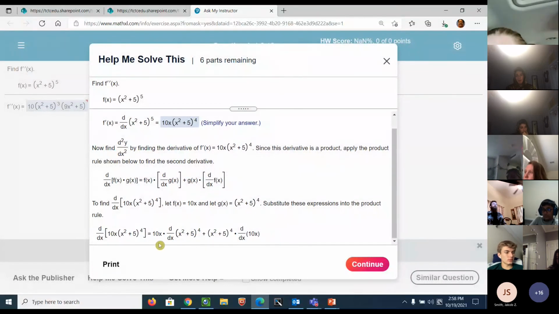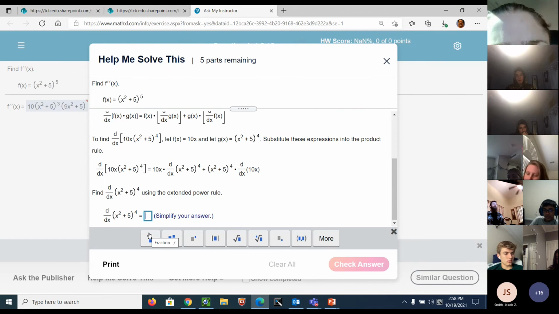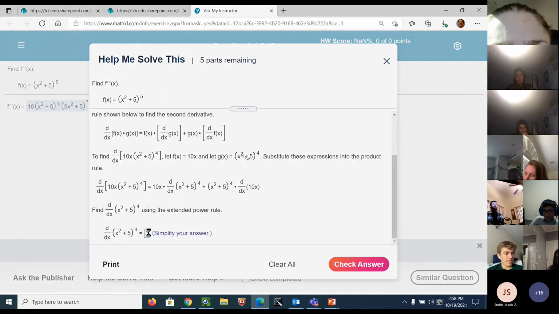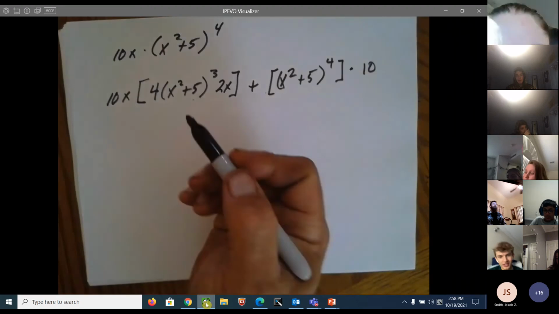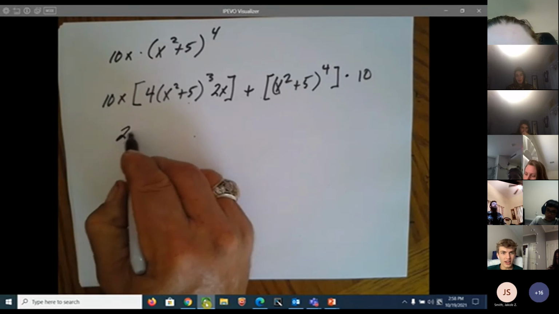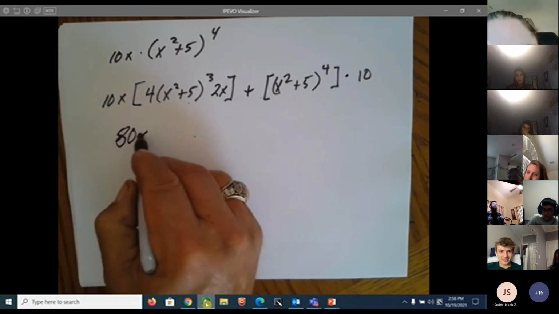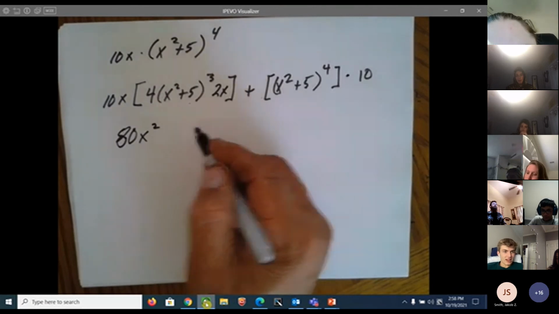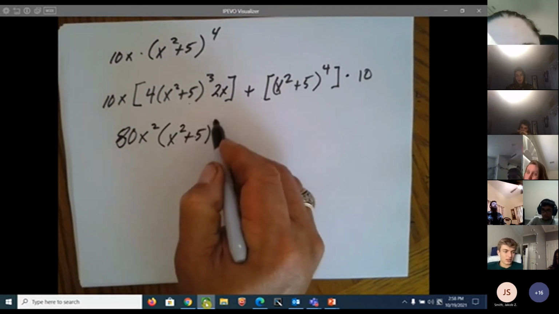First 10x, and they're going to take the derivative of all that, so I'm not going to fill that out, but I am going to do mine over here. That's going to give me 20x squared times 2 is 80x squared times (x squared plus 5) to the third power.